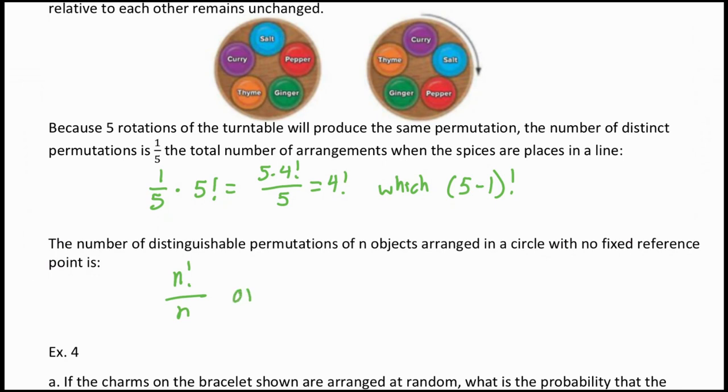I think the easier way is to just subtract 1 and then take the factorial of that. When we're talking circular permutations where we don't have any fixed point, we're just worried about it being in a circle, this is how we would set it up.